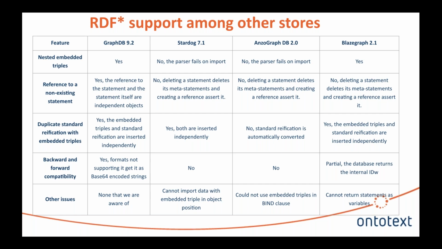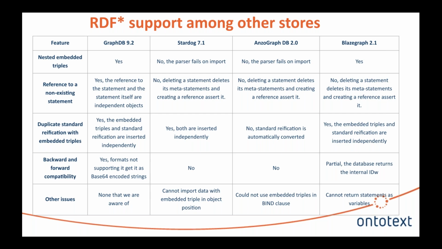The next is about behavior: what will happen if you reference a non-existing statement. In GraphDB, as I said, we allow referencing a non-existing statement, basically to state metadata for something which is not part of the repository, because of specific use cases, and all other implementations basically say that if you assert an embedded triple, then we are going to assert the statement itself as well.